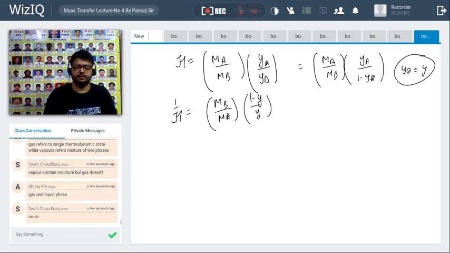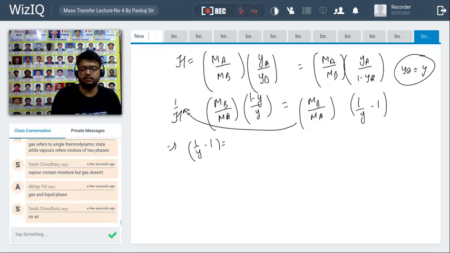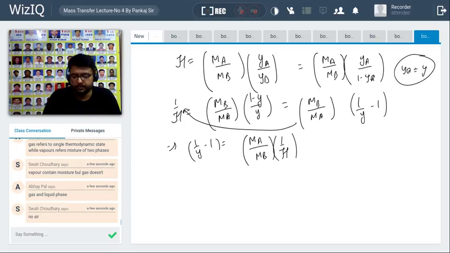Okay, this implies it is equal to MB upon MA into 1 by Y minus 1. Okay, this implies 1 by Y minus 1 is equal to what? It comes on the right hand side. It becomes reciprocal. MA upon MB into 1 by H. Okay, so it becomes equal to what?